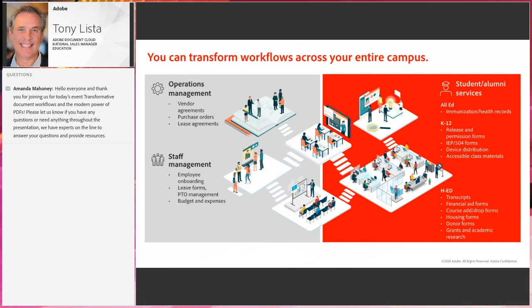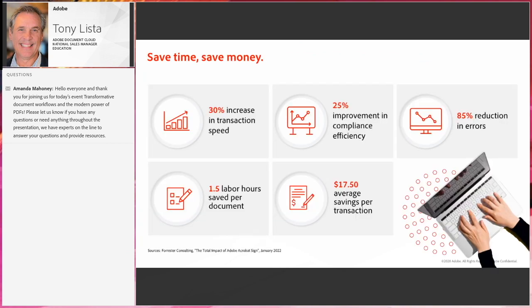I put up a chart here. It's a little bit of an eye chart, but these are some areas that we work with today across the enterprise where we've automated workflows using Acrobat and Sign. So I'd ask you to consider the heavy document areas of your institution, your district, or your organization, and think about the ways that you'd like to mitigate and improve efficiency by moving to these.